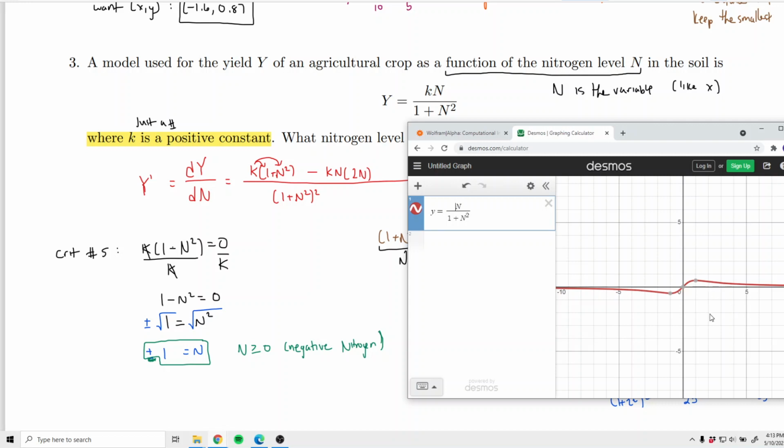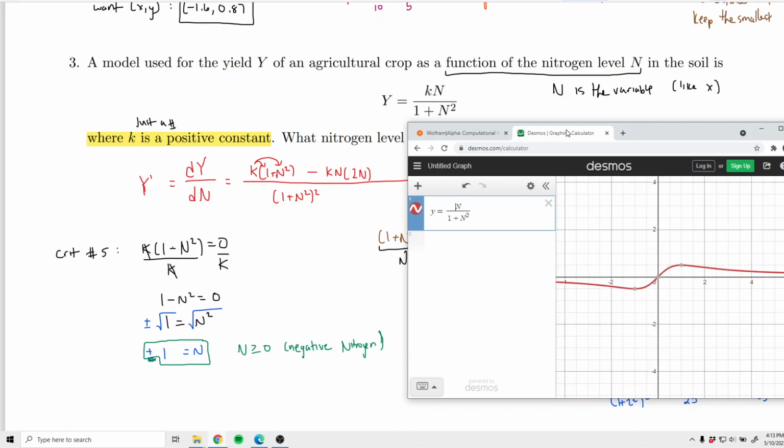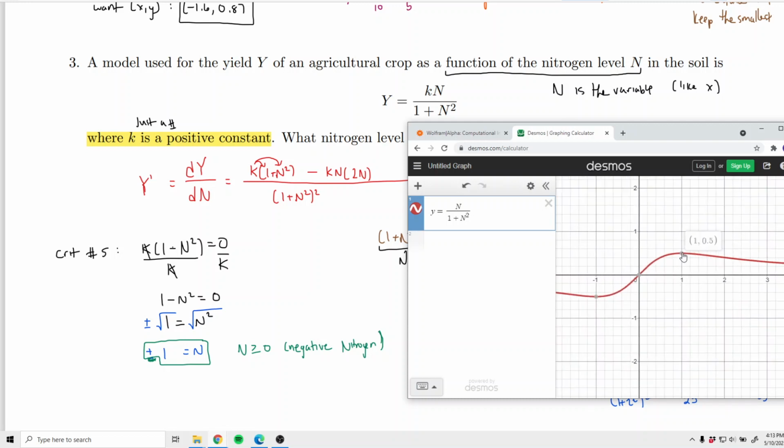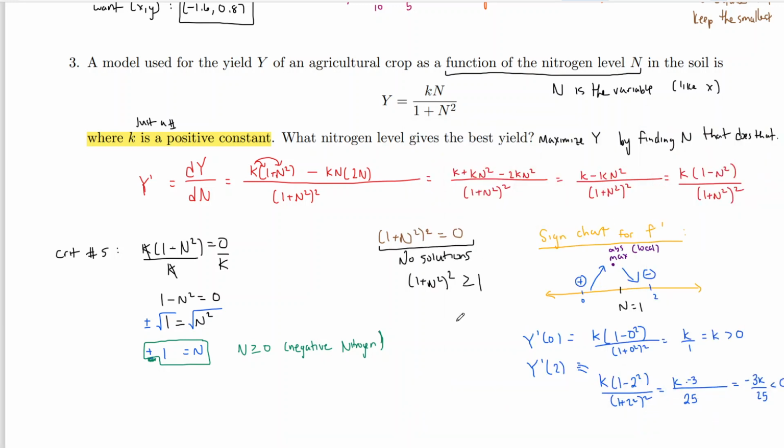So that's why I plugged in k equals 1. But the point here is that if you look at where n is 1, which is the x-axis, so right here, that's actually our maximum. And it makes sense. So you could do this with any function, just go ahead and check it. But the idea, of course, with optimization is we don't want to just graph it. We want to go through and do the steps.